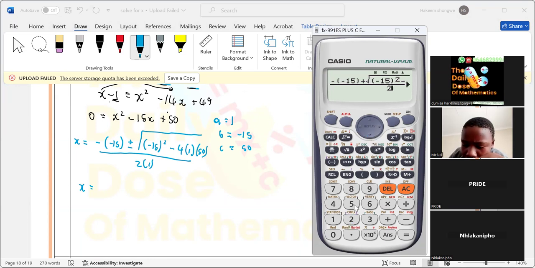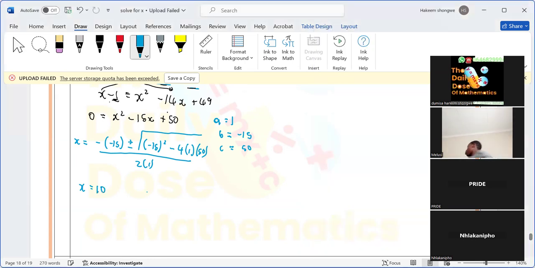And then we have 2 multiplied by 1, equals. We get 10 for the first one, x is 10. And the other one, x is 5.